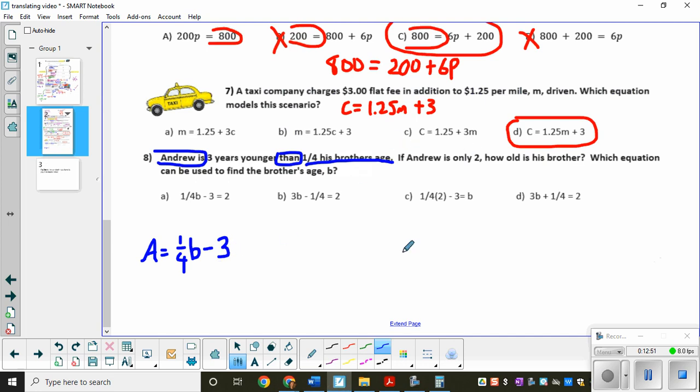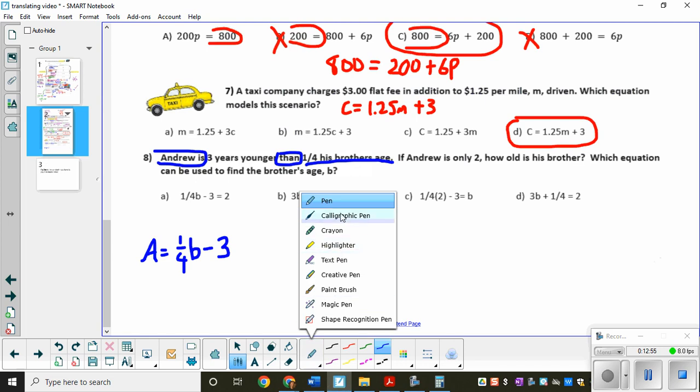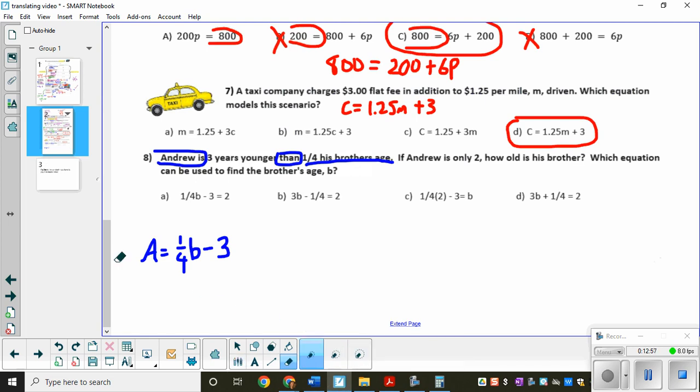If Andrew is only 2, so Andrew, we can erase here now. Sorry, there's the eraser. We know A is Andrew, and we know that he's 2. So Andrew, being 2 years old, is 3 years less than 1/4 of his brother's age. So we're looking for equals 2.